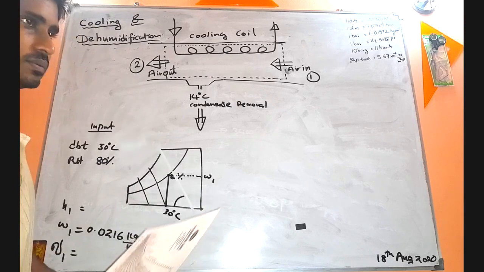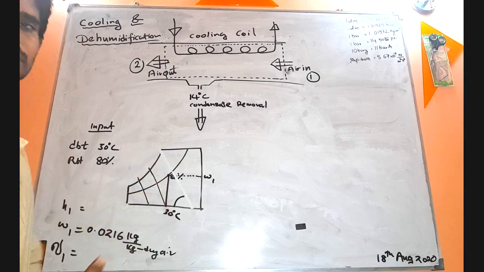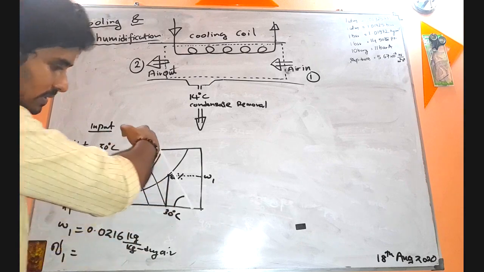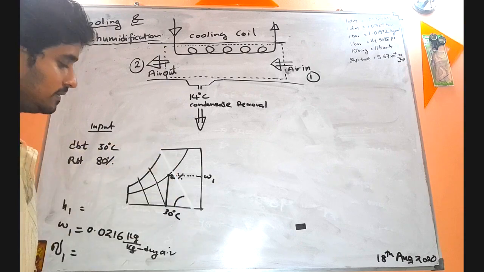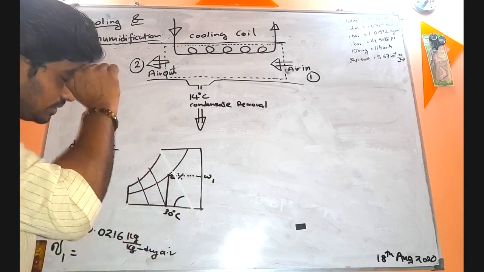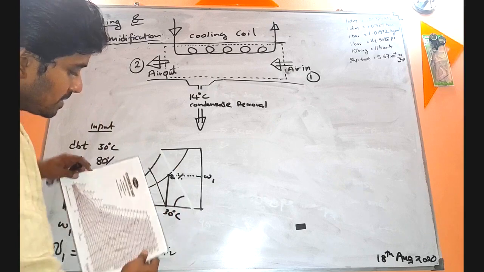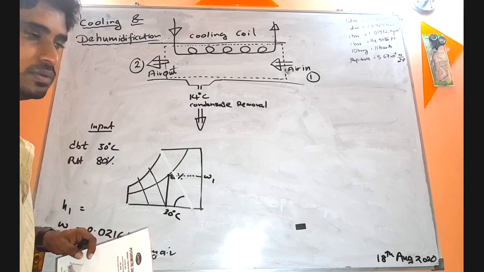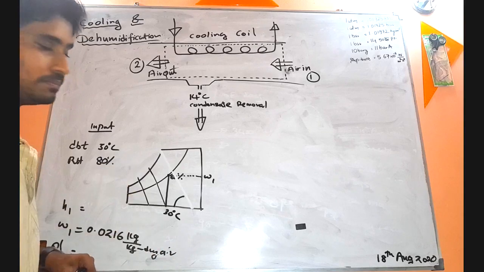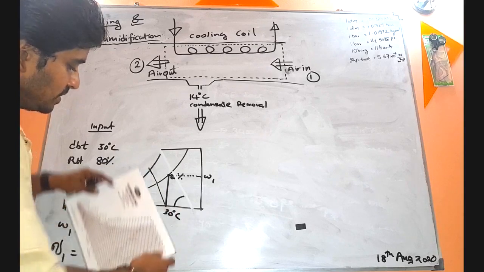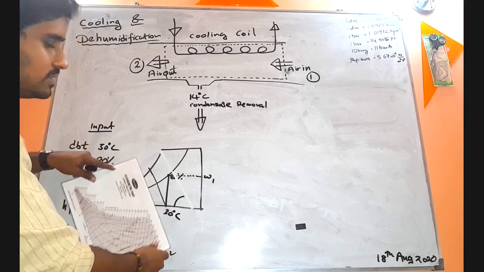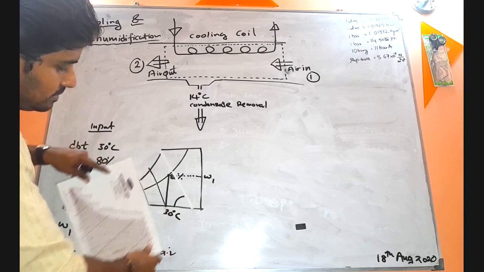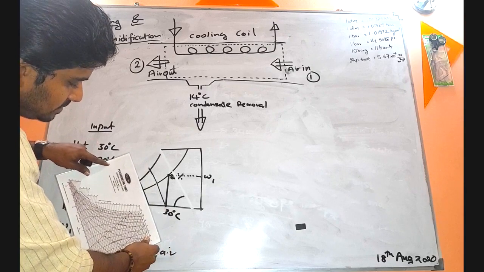Because of the pattern of lines, these lines go at an inclination with the left horizontal. So you have to use your ruler and consider parallel lines. There will be no exact line that passes through the point of intersection, so consider one particular line and project it parallelly, because the lines are going like this.